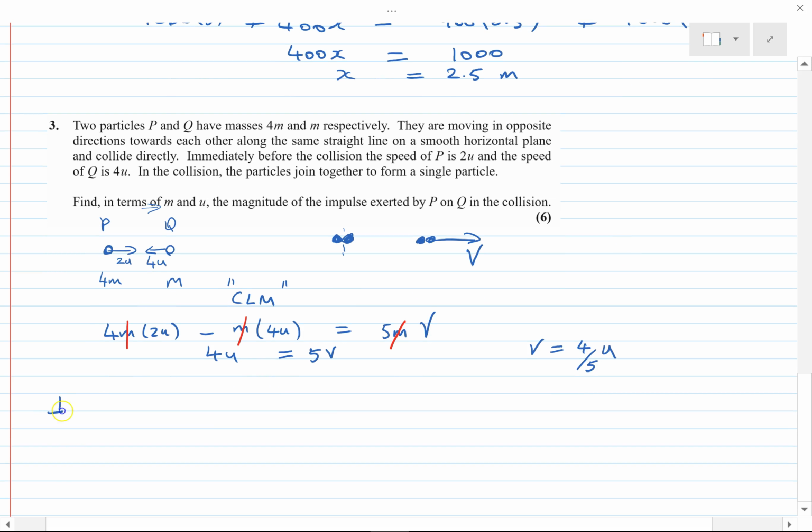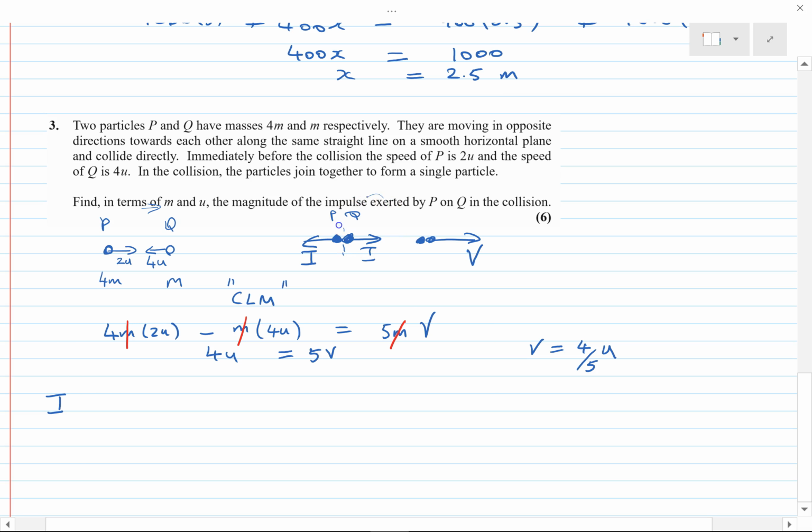Now to work out the impulse, we need to look at what's happening on each of these particles during the impact. We've got an impulse on that one where it's changing velocity, going to the left, and we've got an impulse on Q going in that direction as they join.